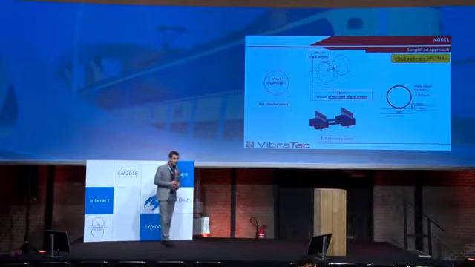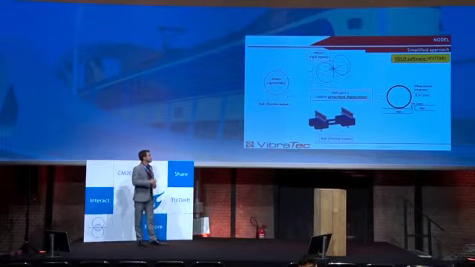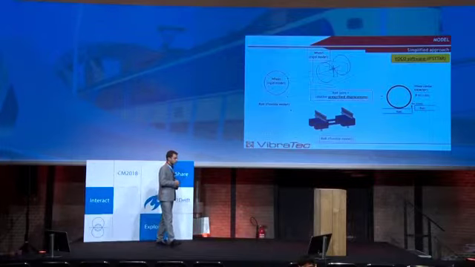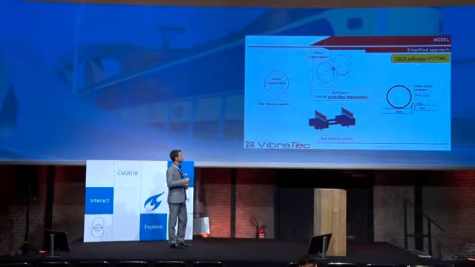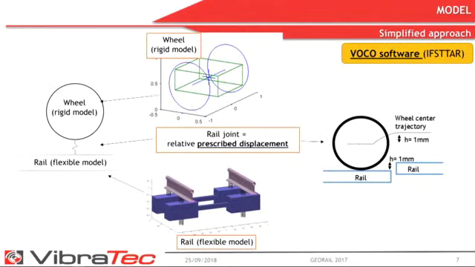For the benchmark, we are using a model which is based on a software called Voco, developed by the French IFSTTAR, which is the French research institute. So the model is constituted of a wheel set, which is a rigid model, and a rail with a flexible model.